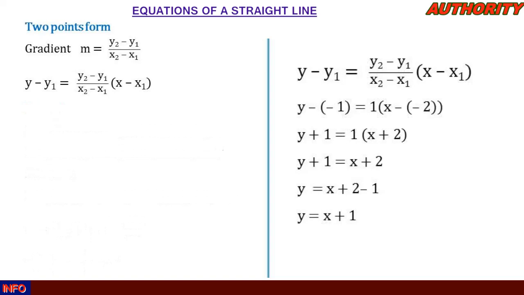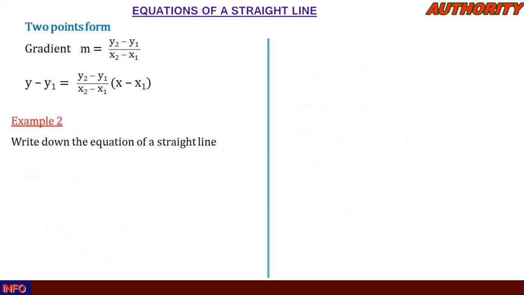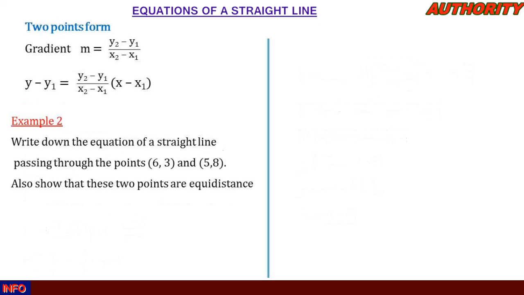The last example, we have: write the equation of a straight line passing through the points 6 comma 3 and 5 comma 8. Also show that these 2 points are equidistant from the point minus 2 comma 4.